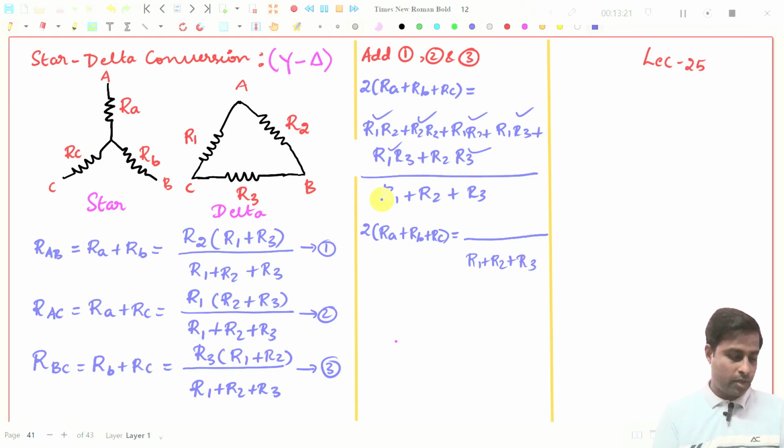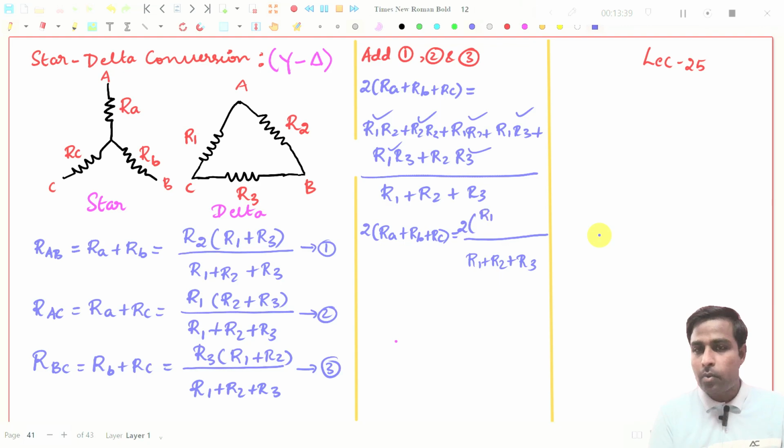There is no difference, but here R1 R2 is there, R2 R3 is there, R3 R1 is there. Everything, we have two terms, right? So what you will get here is 2 into R1 R2 plus R2 R3 plus R1 R3.